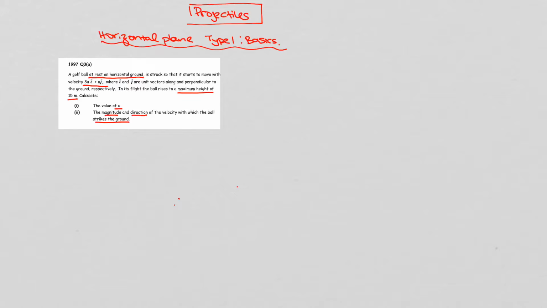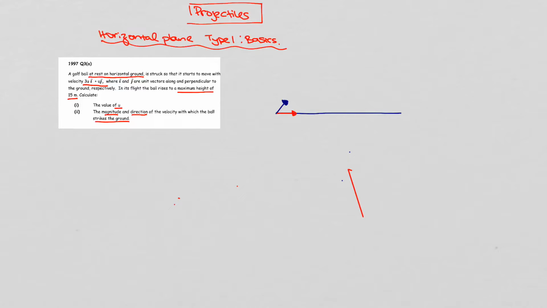So we're going to start first of all by drawing a diagram so we can mark in exactly what's going on. Our object is struck with an initial velocity of 3u in the i direction and u in the j direction, and it's going to be on a horizontal plane.